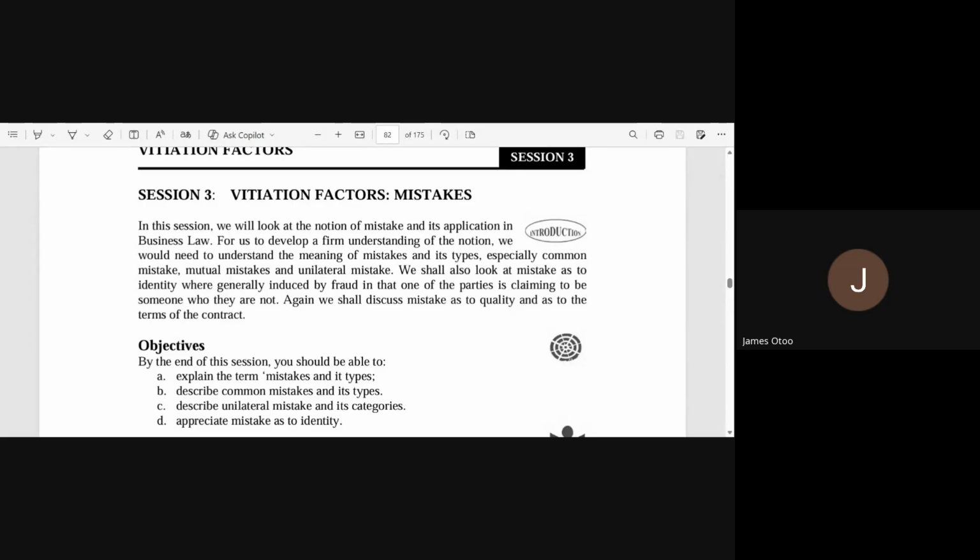Who else? It's an error. Okay, unintentional. An error that happens in the process of doing something.